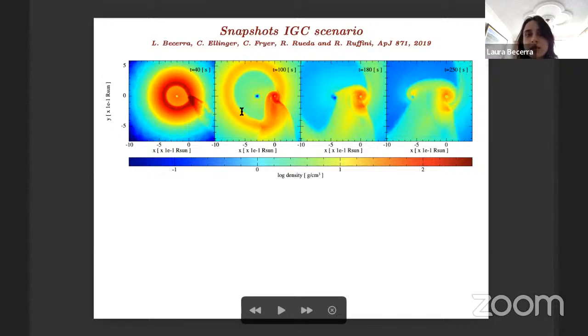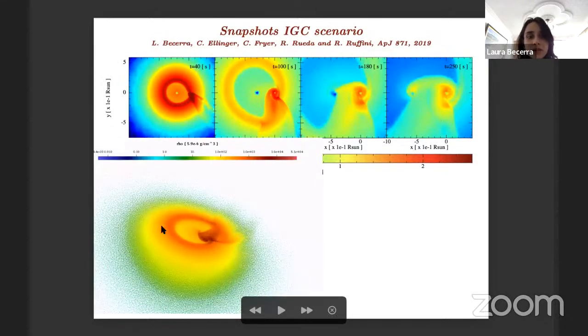And at this time, on the new neutron star, there is also fallback accretion of the material that does not have enough kinetic energy to escape from the gravitational field of the new neutron star. But also at some point, this new neutron star starts to attract the material that was captured by the neutron star companion. And also we will have a disk around this star.